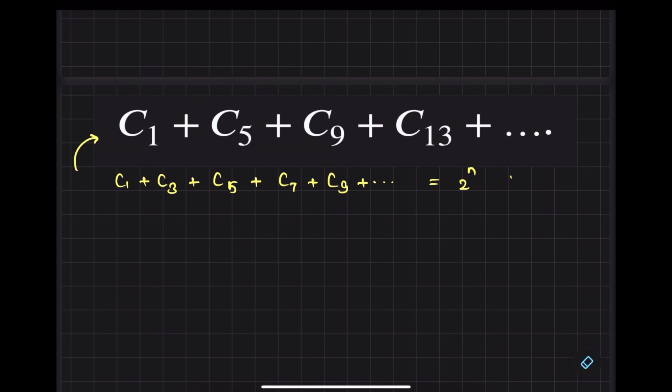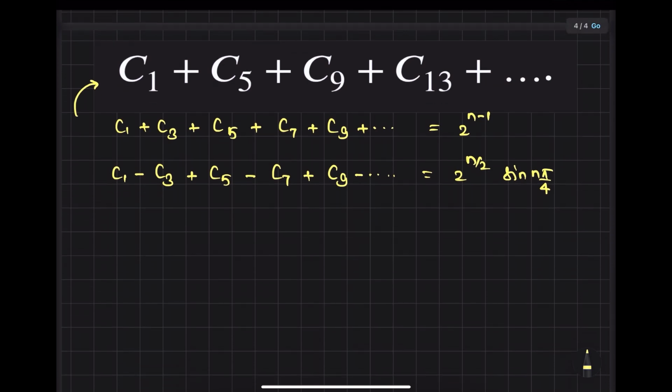So it will become 2 power n minus 1, correct? Now recently we have calculated C1 minus C3 plus C5 minus C7 plus C9 minus dot dot dot, and we got 2 power n by 2 sine n pi by 4.